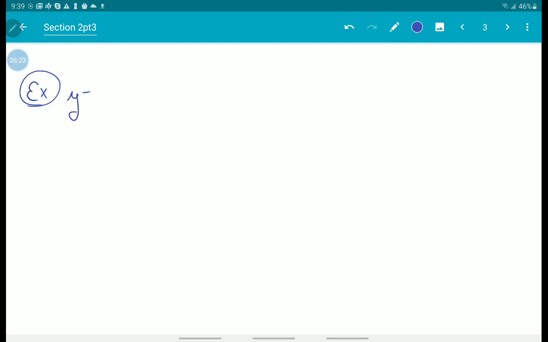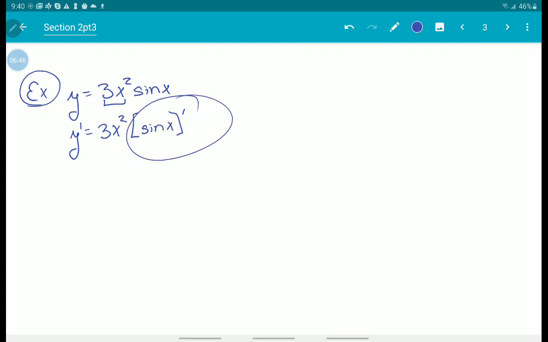Suppose we have y equals 3x squared times sine of x, and we want to take the derivative. So the product rule says it's the first function, which is 3x squared, times the derivative of the second. Now, I'm not going to take that derivative yet. I'm just going to write it in notation that says, hey, I need to remember to take the derivative.